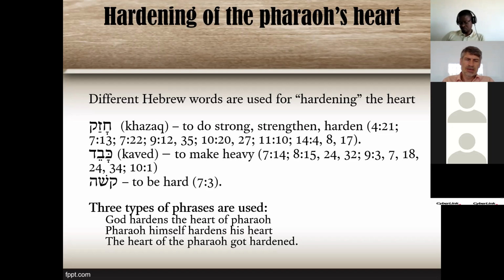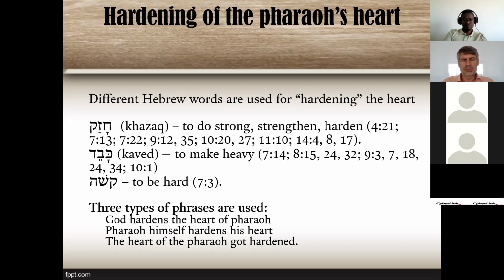Also what makes the study very difficult is that we have three different phrases: God hardens the heart of Pharaoh, Pharaoh himself hardens his heart, and the heart of Pharaoh got hardened. These three phrases are used throughout the narrative, and it's very difficult to understand. For example, some people try to say that one verb means hardening, and another word, like hazak, means to strengthen.